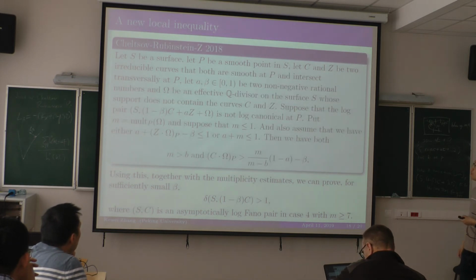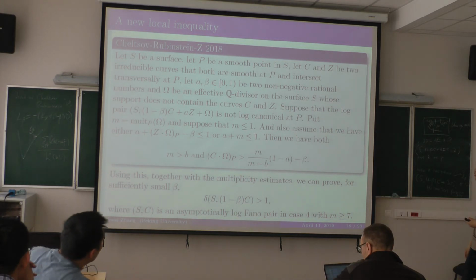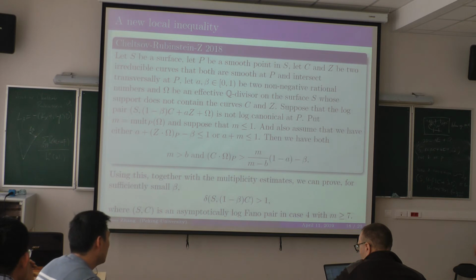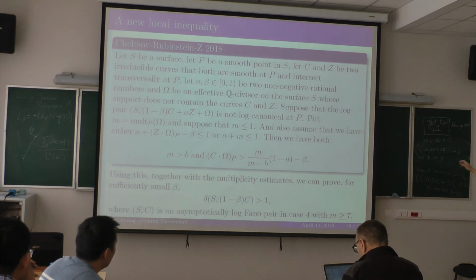What we do is that we develop the following local intersection inequality. This statement is specifically designed for this problem, but we believe it also has applications in some other problems as well. But we write this in a way that we can directly apply it to our problem.